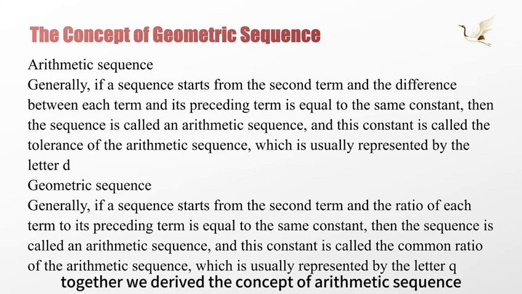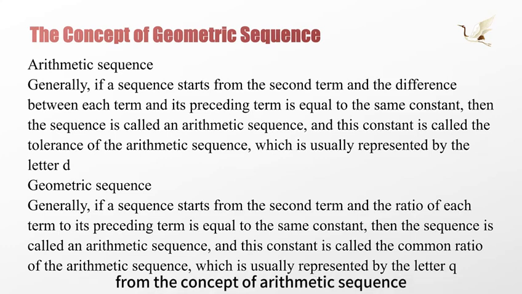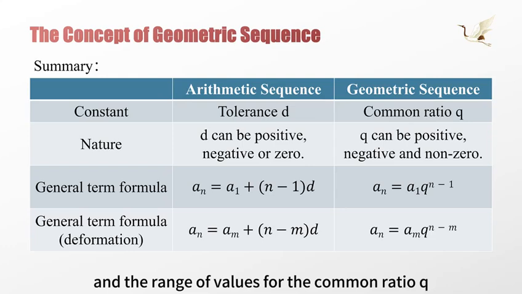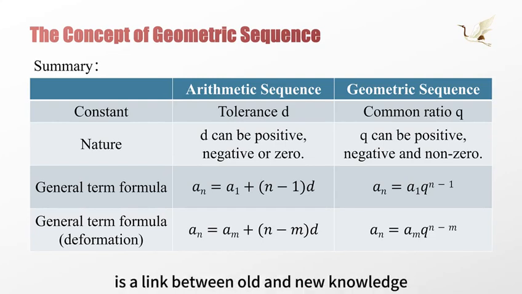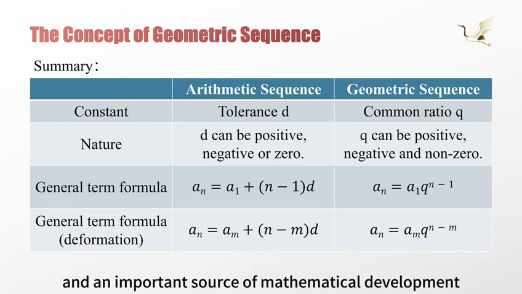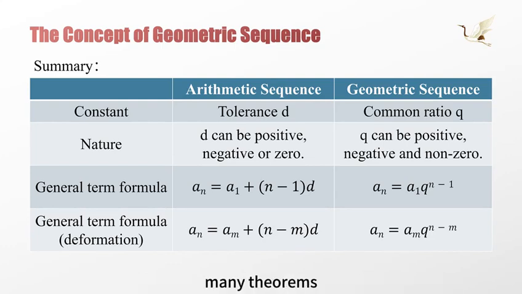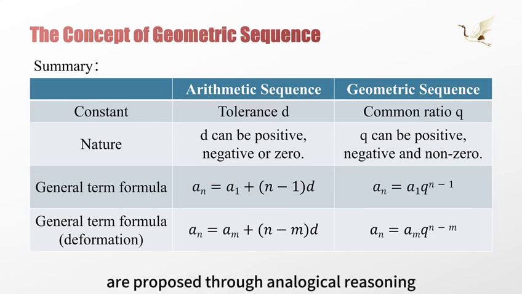We derived the concept of geometric sequence from the concept of arithmetic sequence by analogy, along with the range of values for the common ratio q, as well as the general formula and variations of the general formula for geometric sequences. We have found that analogical thinking is a link between old and new knowledge, and an important source of mathematical development. Many theorems, formulas, and rules in mathematics are proposed through analogical reasoning.